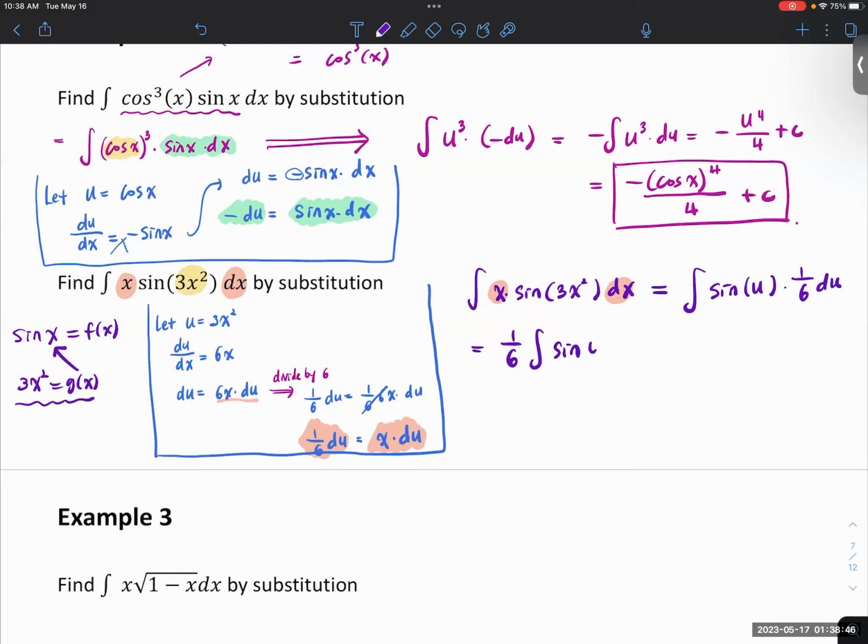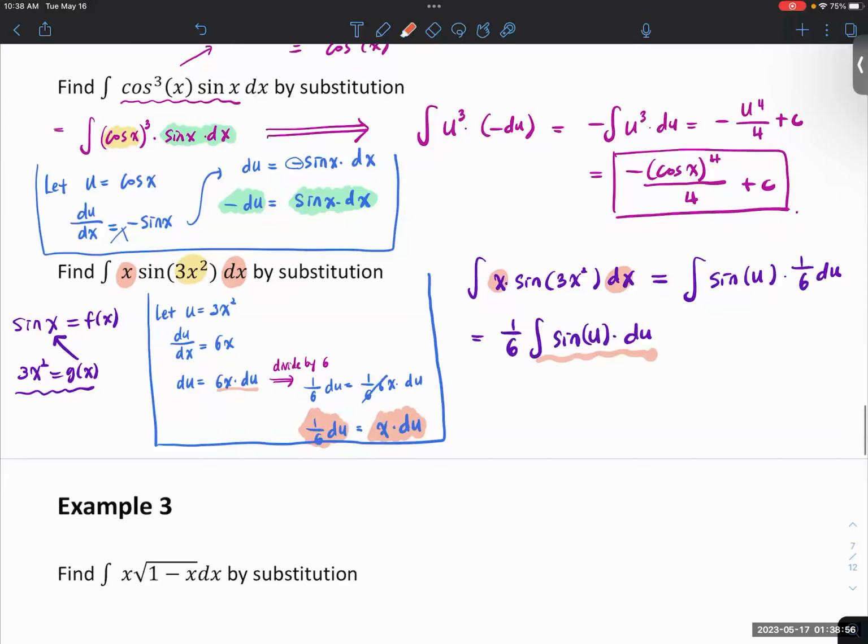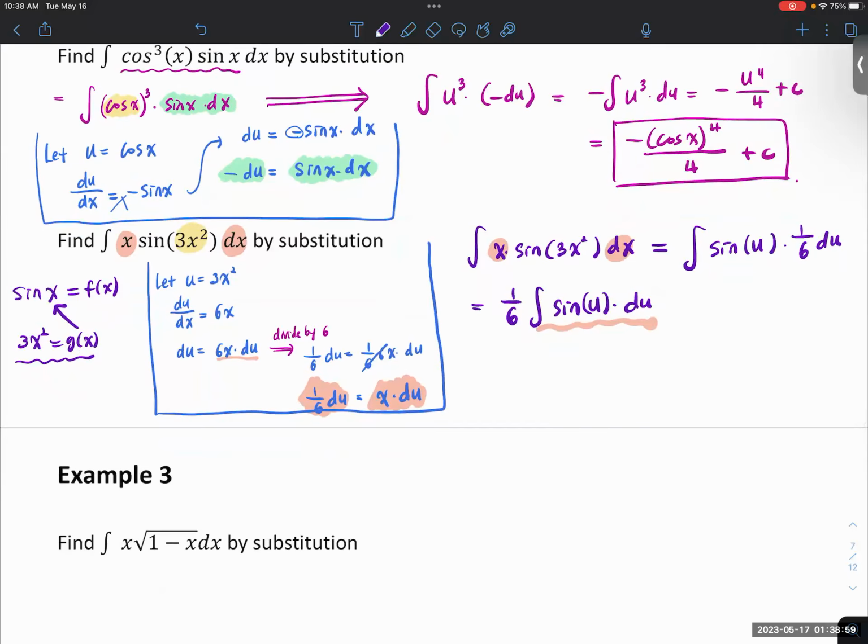We have sine u du. Okay, we got it. What is the integral of sine u, or sine x? What is the integral of sine? That's a negative cosine. So we get 1 over 6 times negative cosine u plus c. I can bring the negative to the front: negative 1 over 6 cosine u plus c.